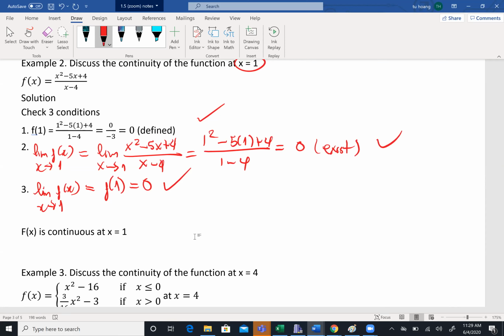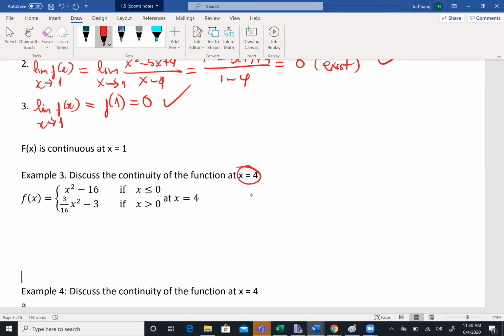There is example 3 here. You still have a piecewise function, but it's asking you to determine the continuity at x equal to 4, but remember that 4 is not at the changing point.